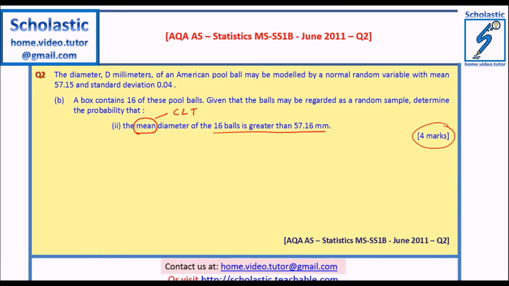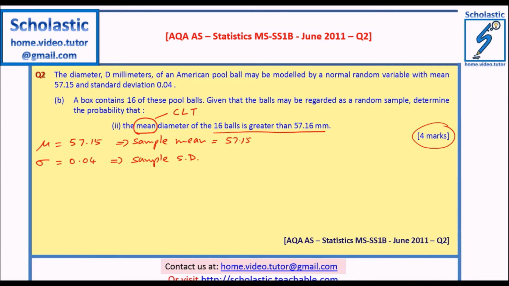So what we know is that the original mean mu is equal to 57.15. Therefore the sample mean is also the same. There is no change in the mean, which is equal to 57.15, and the original standard deviation is equal to 0.04. So we have a population with a standard deviation 0.04.